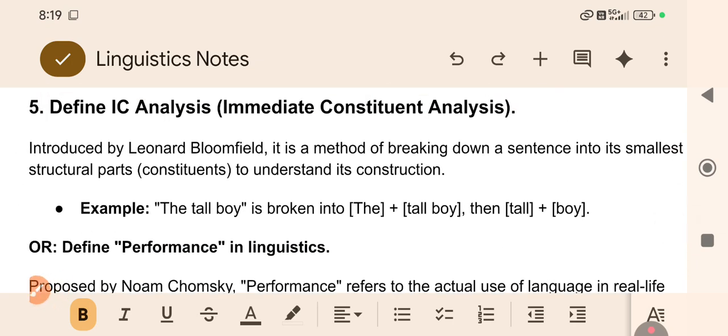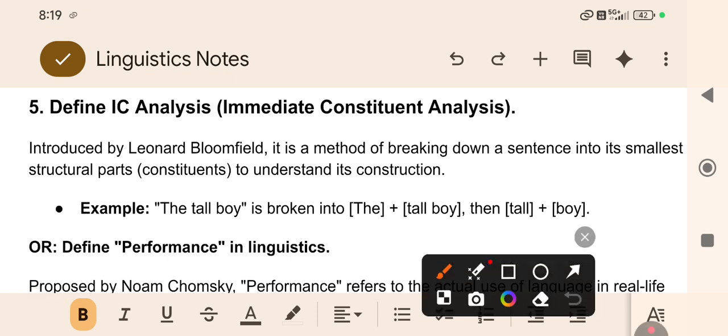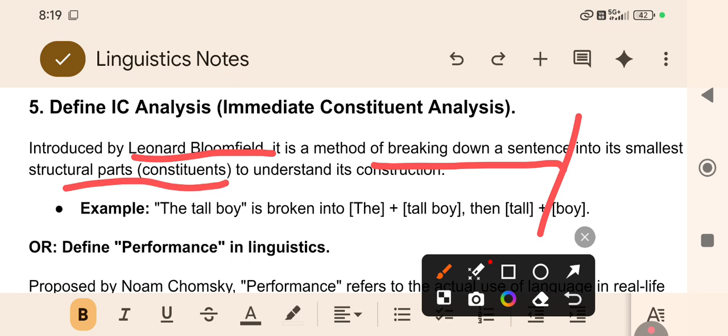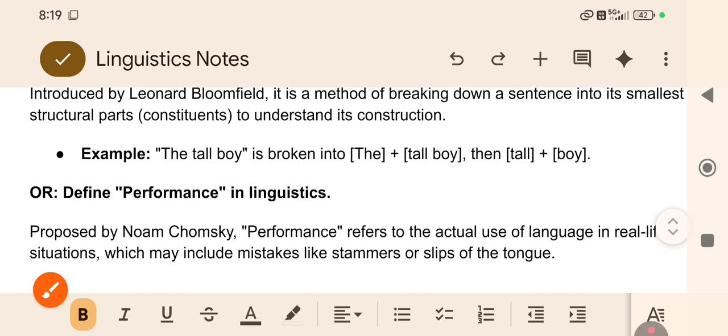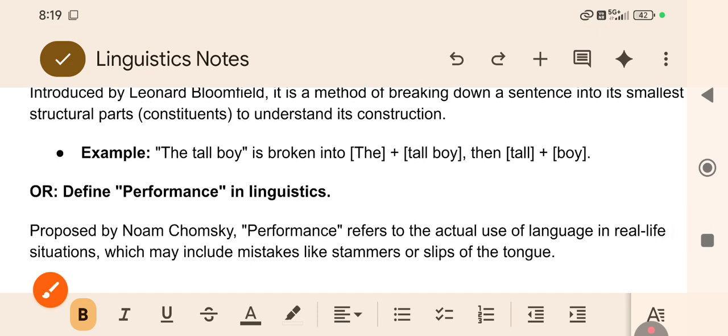IC analysis, immediate constituent analysis, was introduced by Leonard Bloomfield, and it is a method. Please remember the name of the person who gave this idea. This idea was put forward by Leonard Bloomfield, and it is a method of breaking down a sentence into its smallest structural parts to understand the construction, right?